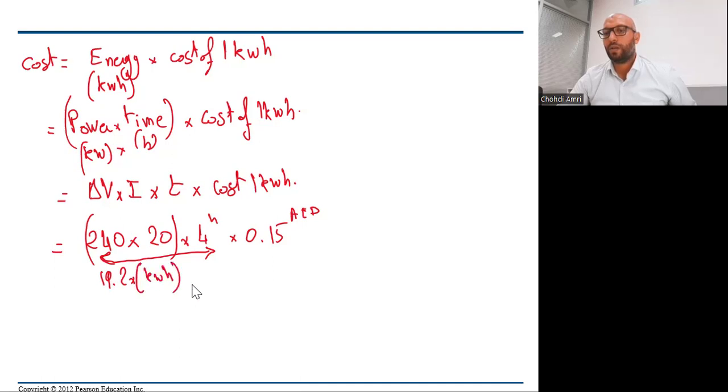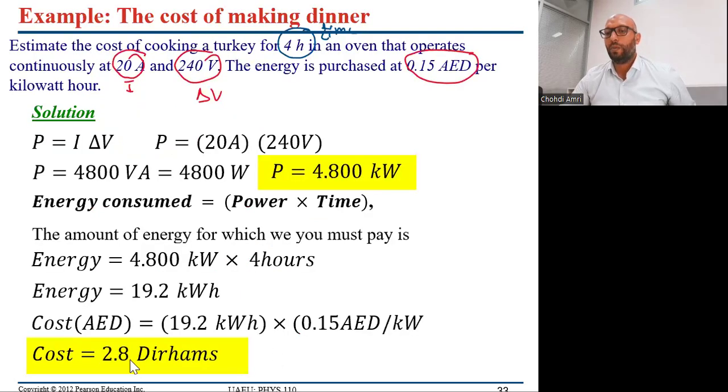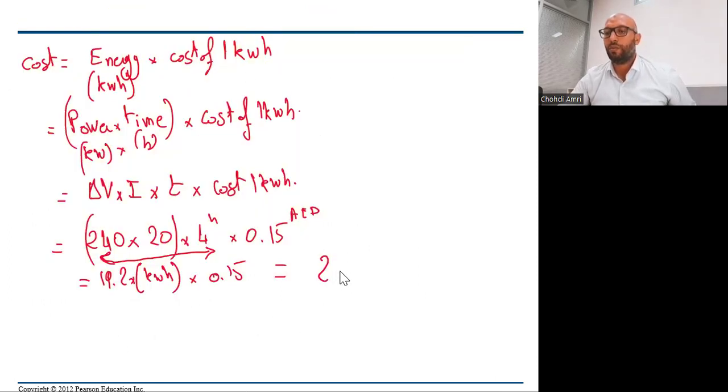Multiplied by 0.15, the result will be 2.8 dirhams. So we are done. This is the cost of cooking a turkey.